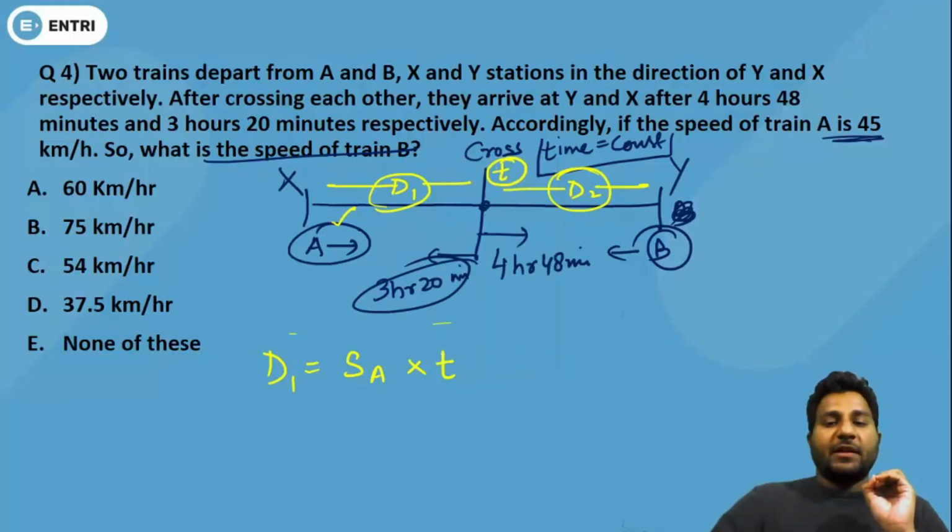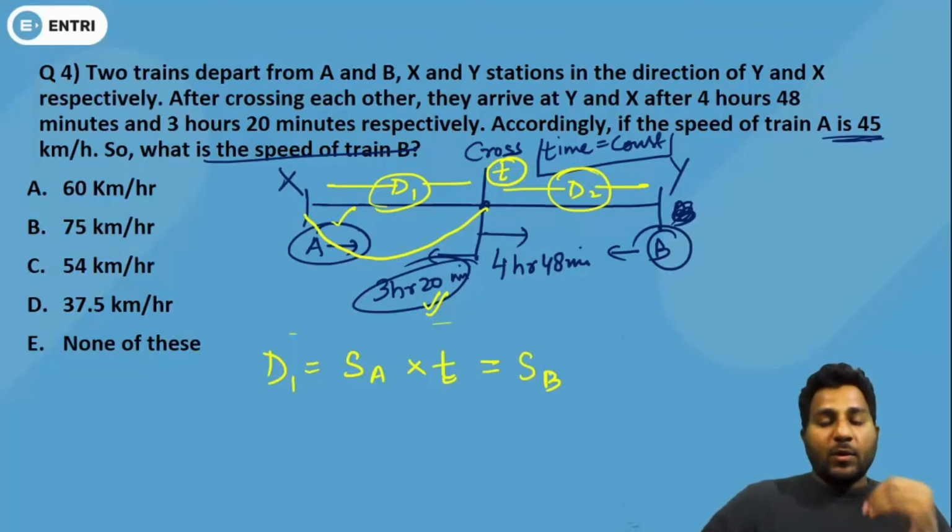Remember that, I have not put the value of speed A as 45 here. Just watch the method, because I am giving you the shortcut method, but I am giving you the procedure as well. The same d1 will be traveled by train B with speed B in 3 hours 20 minutes, so 3 whole 1 by 3.